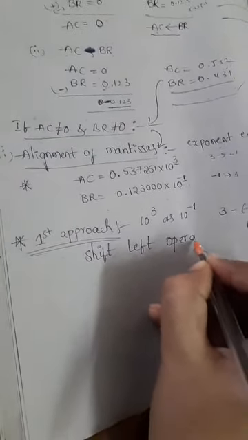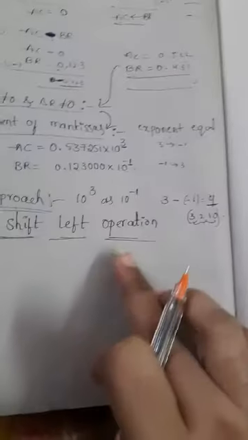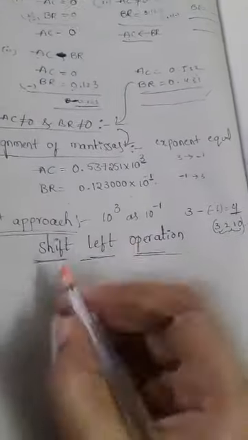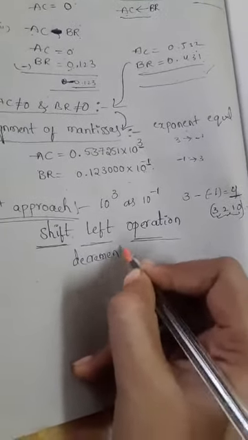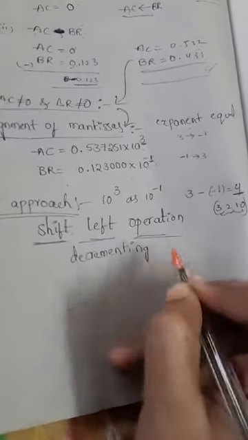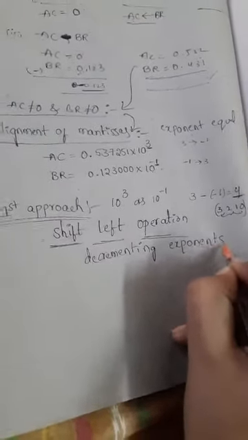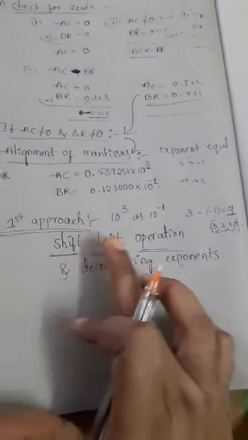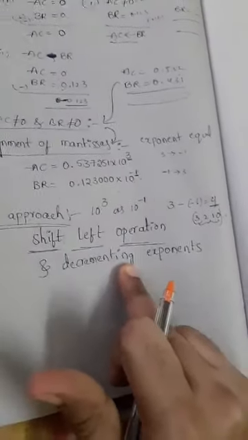For the first approach we perform the shift left operation and also decrement the exponent. This is the major point.